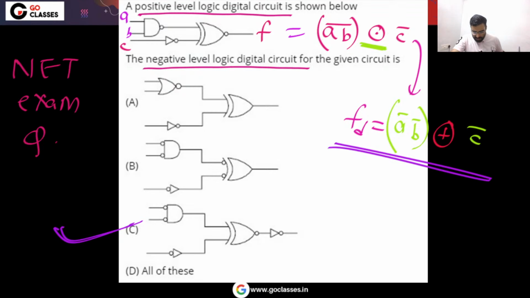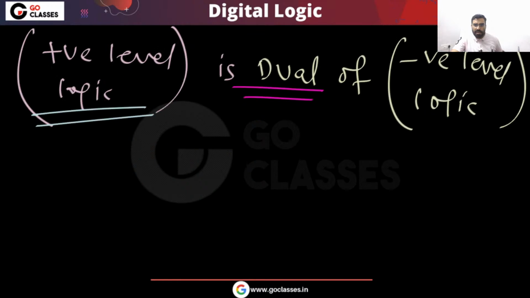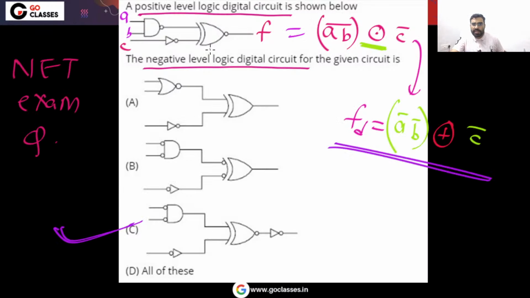Is this clear? First you find the function. Now remember, positive logic system is a dual of negative logic system. So you basically have to find the dual.